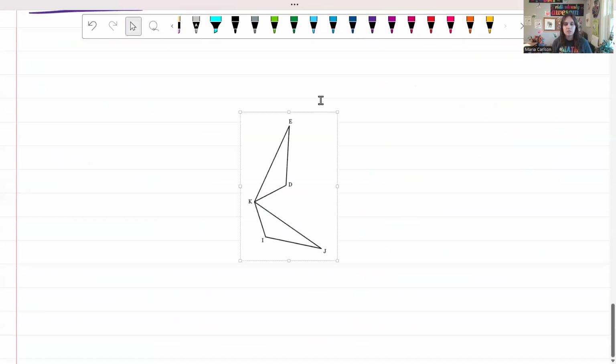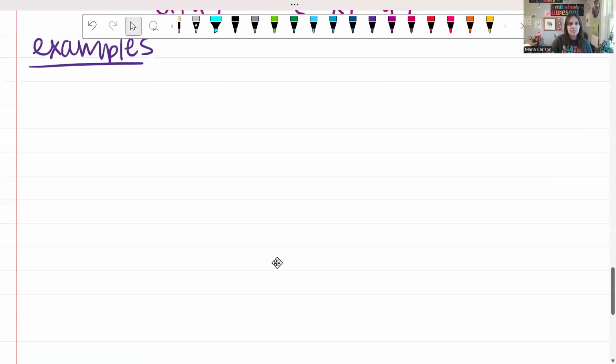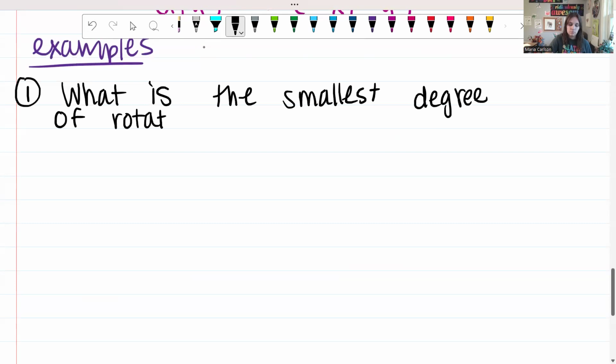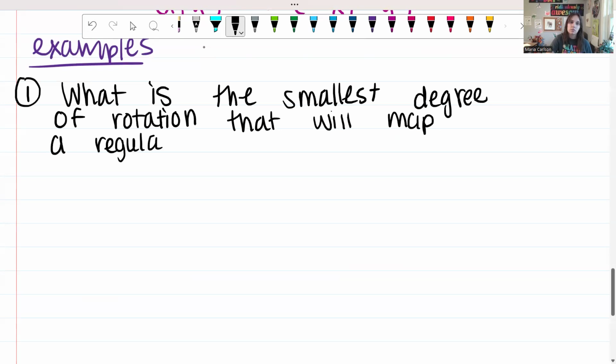Number 1, what is the smallest degree of rotation that will map a regular 16-gon onto itself?